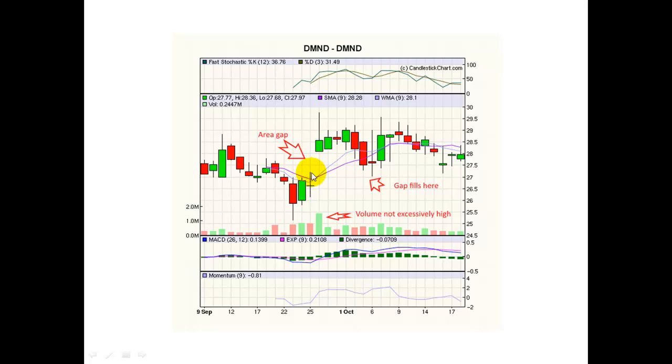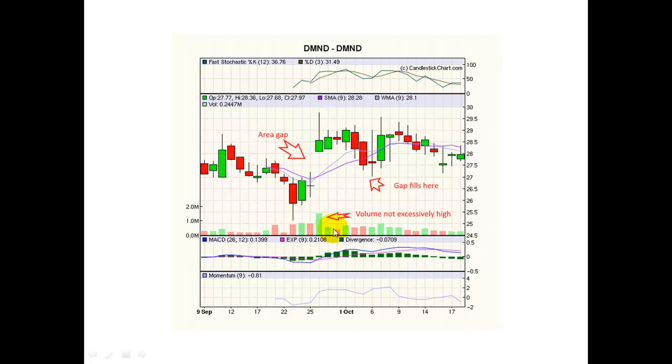From the top of this candlestick to the bottom of this candlestick, you see that there's no gap between them. What we say is that the gap has filled at this date. Now, I'm not going to discuss all the types of gaps in this presentation. That will be for later. What we're going to look at now is what constitutes an area gap.